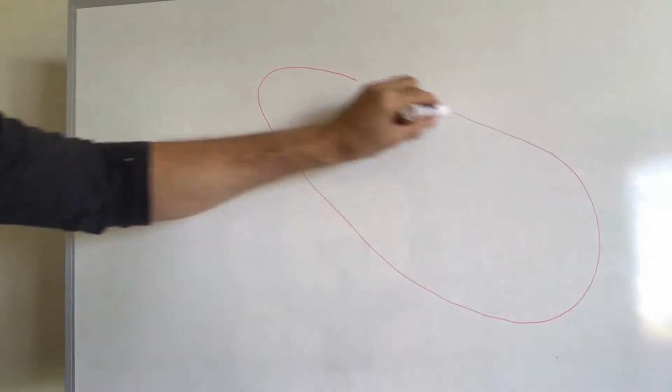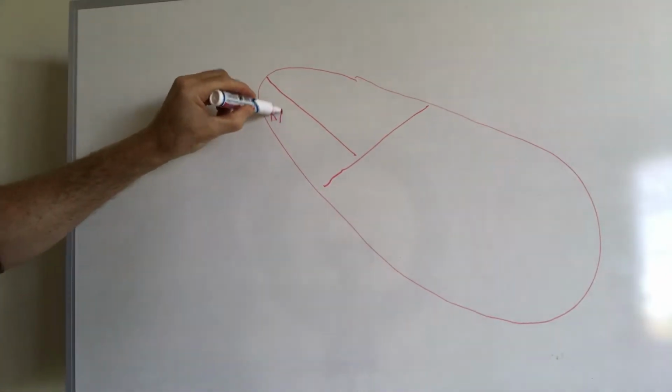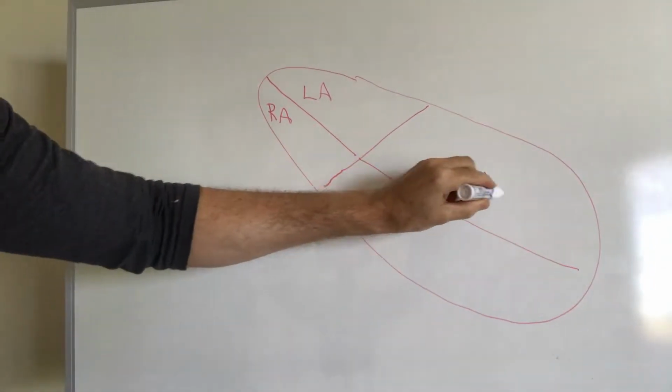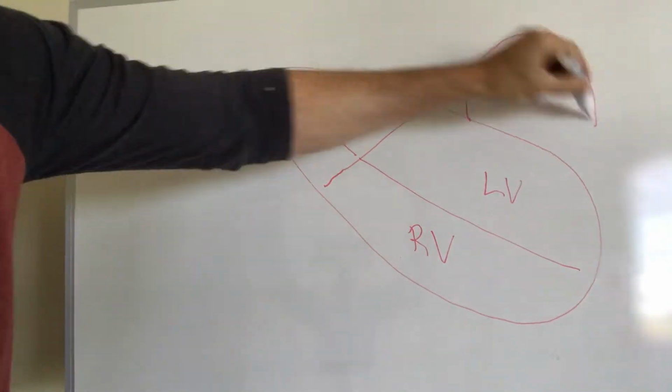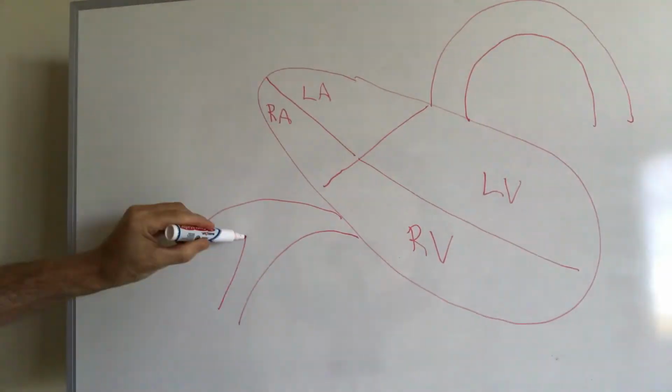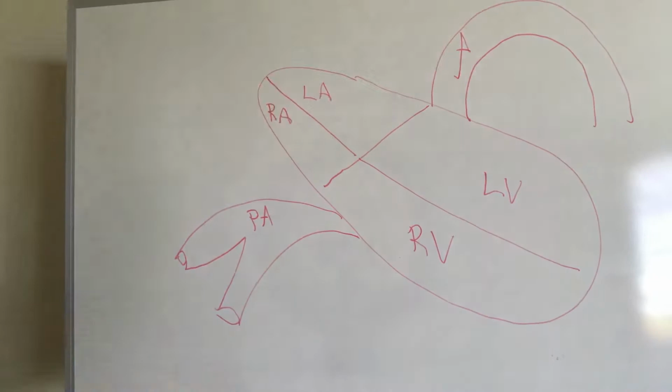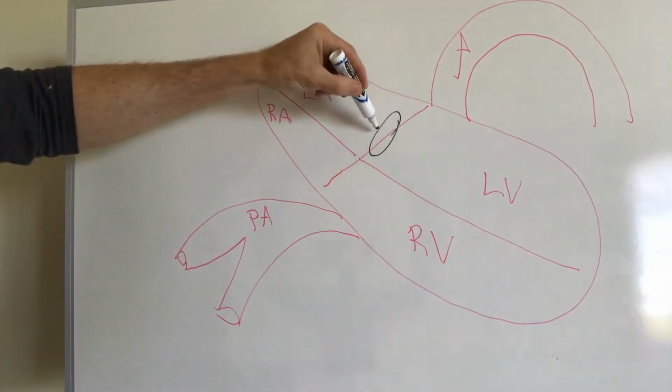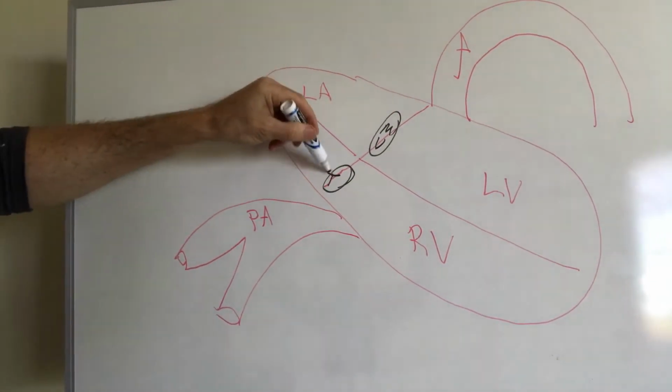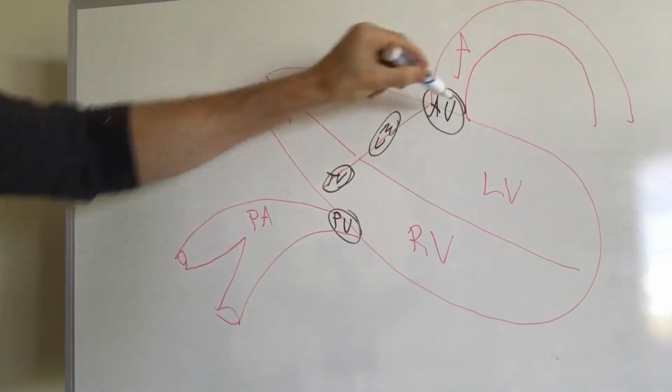And just as a refresher of where all these murmurs come from, we'll draw a heart. Here's the right atrium, left atrium, the ventricles, and then we'll add in the valves. You have the mitral valve, the tricuspid valve, the aortic and pulmonary valves.